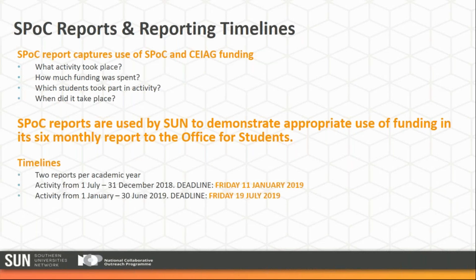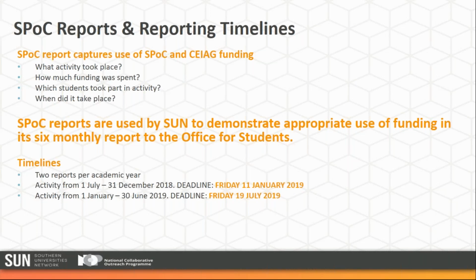This academic year, we have 2 SPoC reporting deadlines. The first one is just after you come back from Christmas holidays on Friday, the 11th of January, and that should contain all activity and all spending that took place from the 1st of July up until the 31st of December.